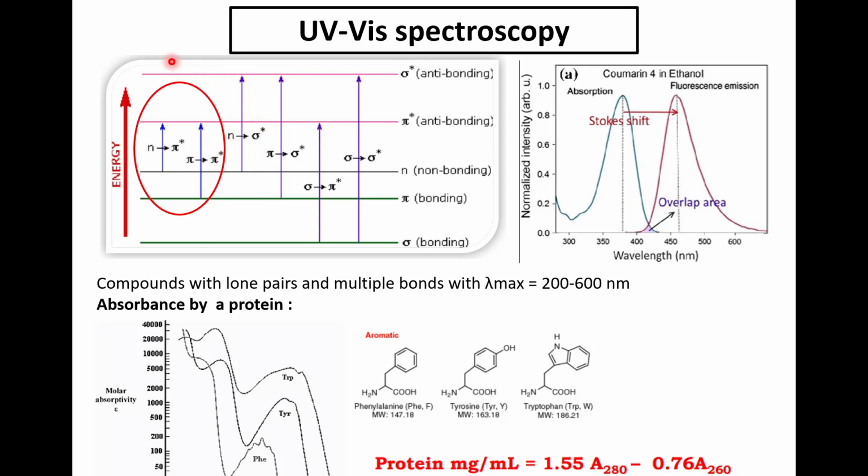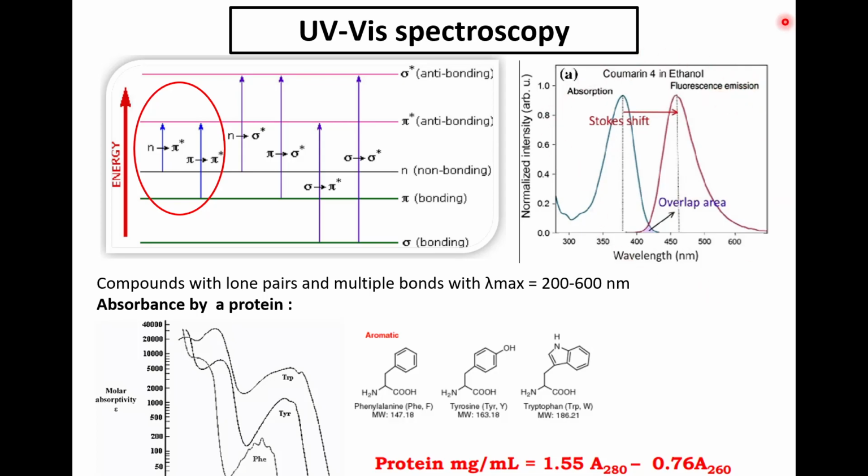Okay, so the energy gap between them corresponds to the energy being utilized in UV visible spectroscopy. Now, this means the intensity of the absorption, and this is for a fluorescence emission.